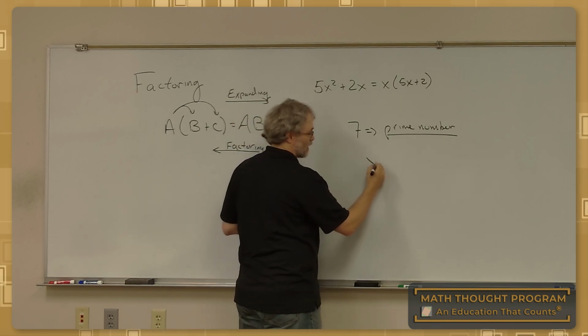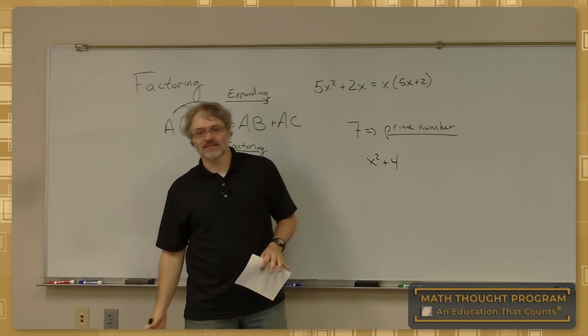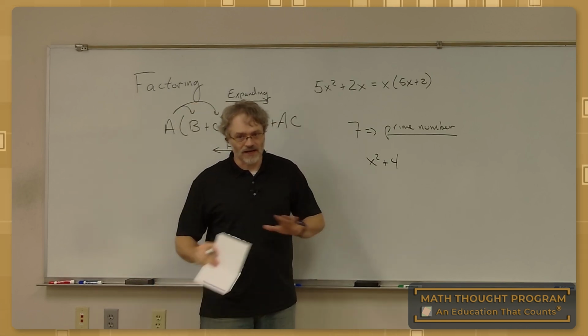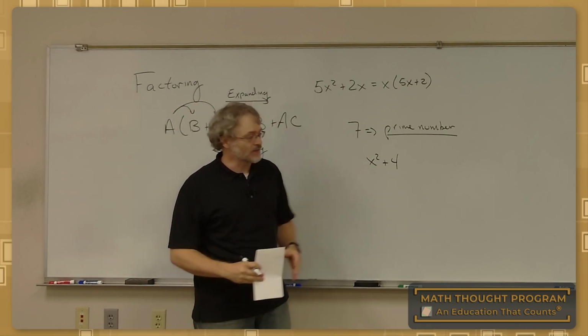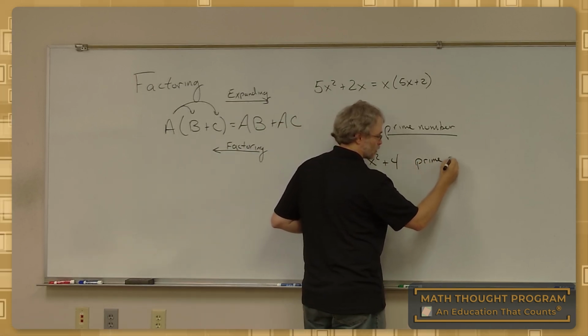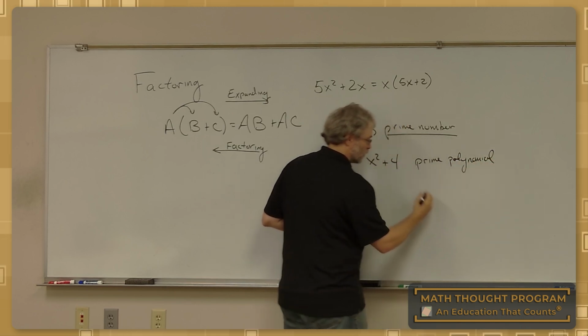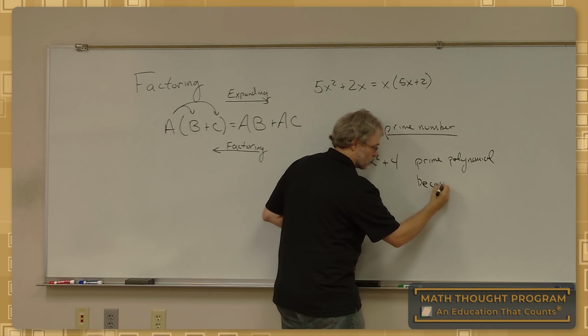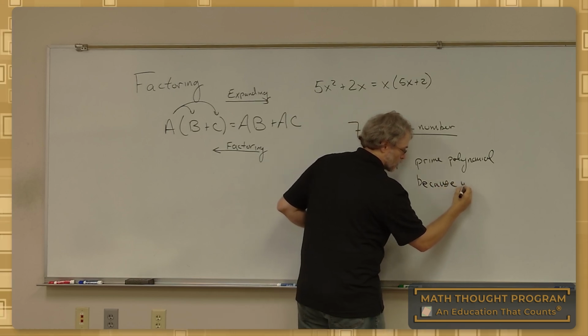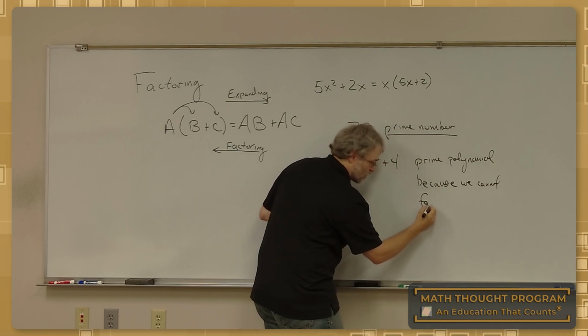I can look at something like x squared plus 4, and I can't factor this. I'm done. There's nothing that this will factor as. This is known as a prime polynomial, because we cannot factor it.